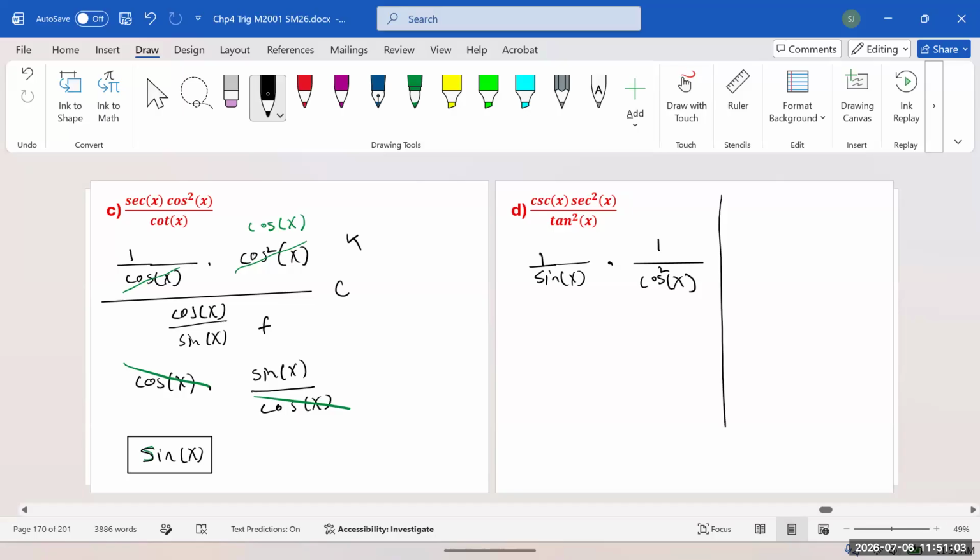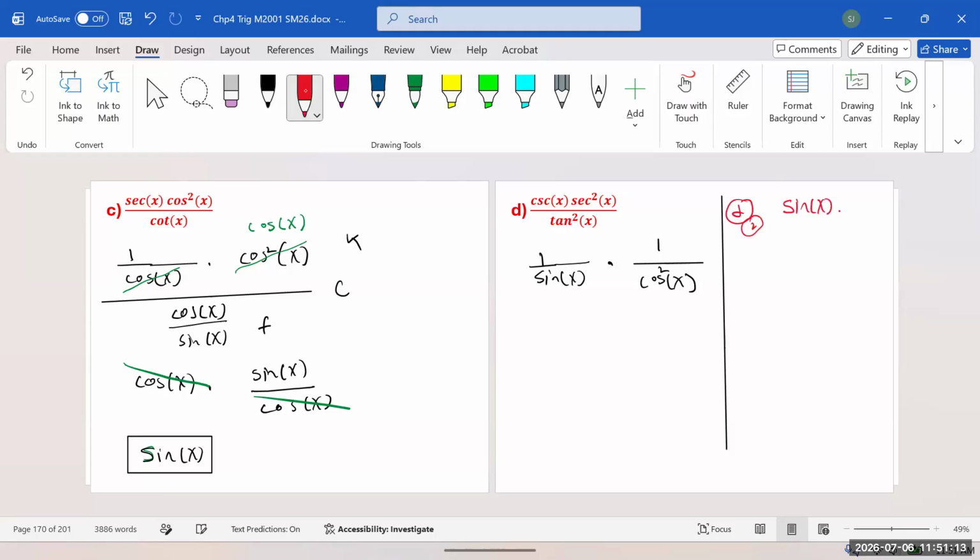Okay, let's do it together. The different one also. Version 2: sine of x times secant squared x over tangent squared x. So let's do the left one and then we are going to do the right one. Cosecant is 1 over sine, secant is 1 over cosine, and tangent is what over what? Sine squared x over cosine squared x.